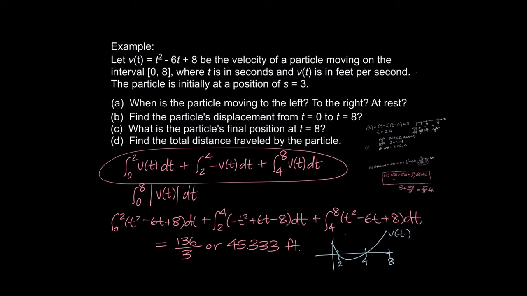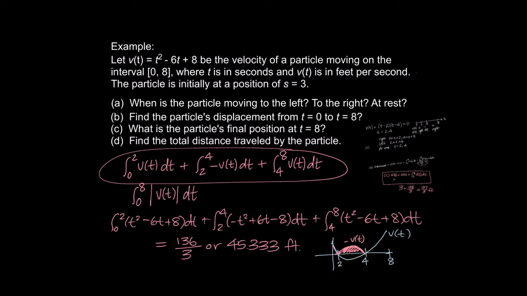Notice that if I were to anti-differentiate this graph from 2 to 4, I would get negative area because the velocity is negative there. By putting a negative in front of the v of t in this second term, what we're kind of doing is reflecting this over the graph and thus having positive area. So this pink part here is negative v of t.